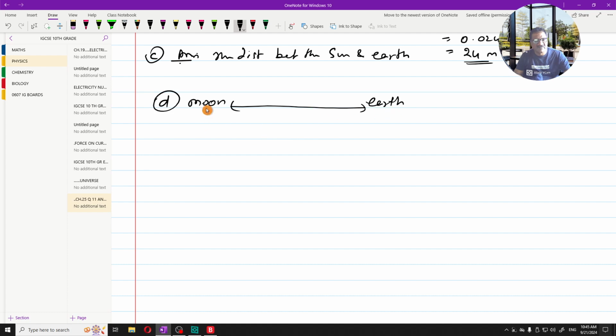Now the actual distance between the moon and the earth is 390,000 kilometers. This is the actual distance between the moon and the earth, right? You have to convert this according to our scale. Okay, and you have to find the distance in centimeter, right? So again, the scale that we are going to use will be 10 raised to 5 light years, that is the diameter of the Milky Way, equal to 15 into 10 raised to 7 kilometer.